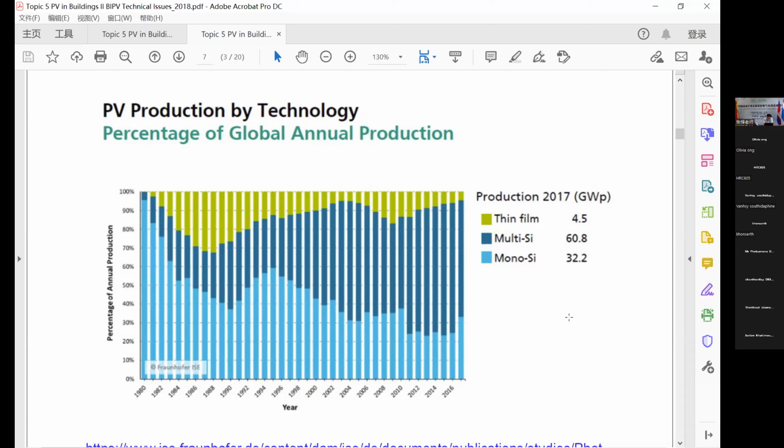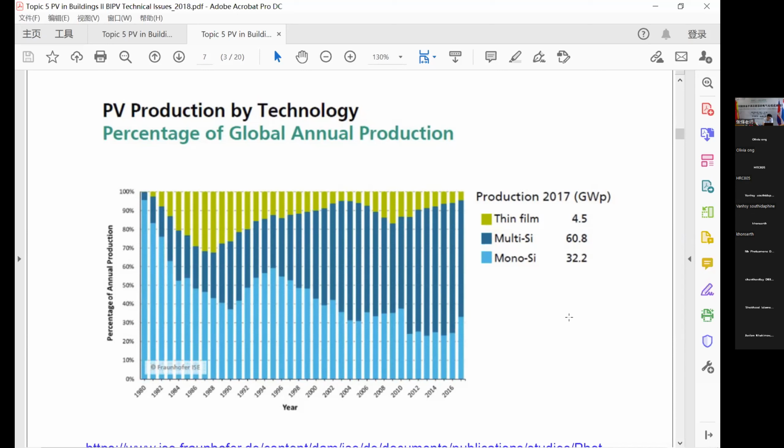But this is a commercialized silicon solar cell. If you check the lab world record of the solar cell efficiency, the data is much higher, but there's a difference, because the power conversion efficiency of a solar cell in the laboratory is typically tested on a very small device.